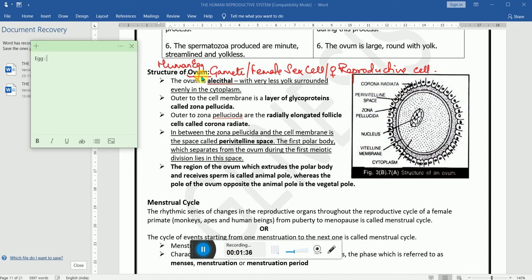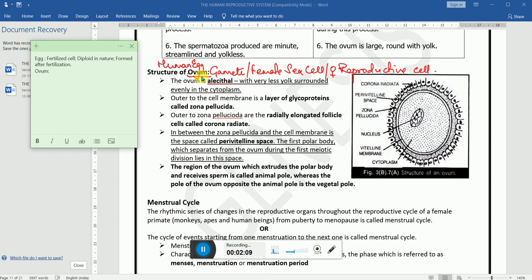When we are talking about an egg, students, it is a fertilized cell, and it is diploid in nature. It is also formed after fertilization. So this is what an egg is, but how is an ovum different?